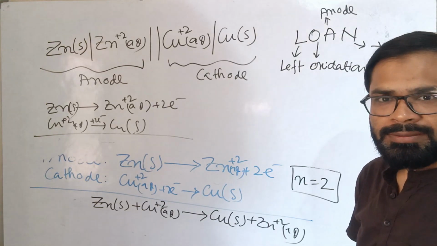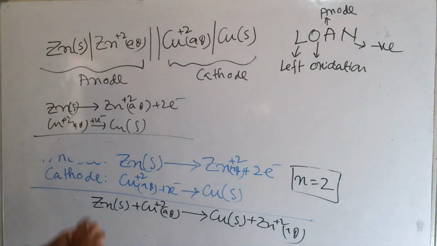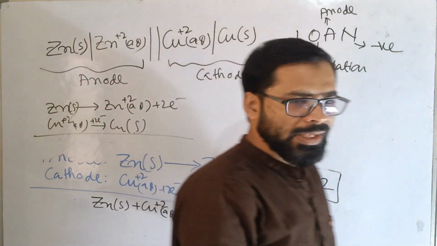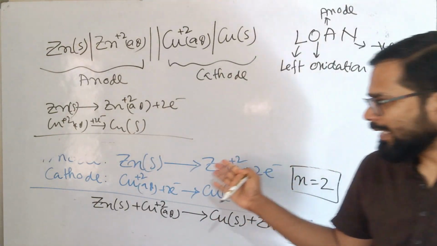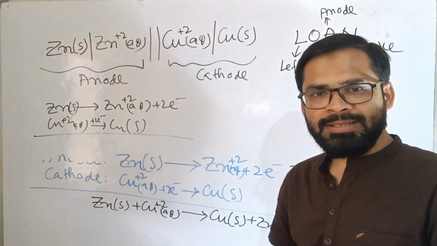Clear? So this is all about the galvanic cell: individual anode and cathode reactions, net reaction, and representation of the galvanic cell.